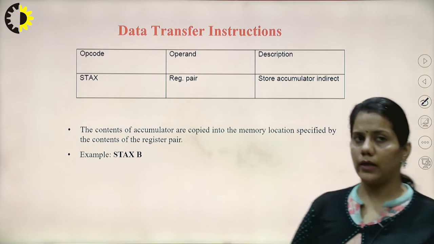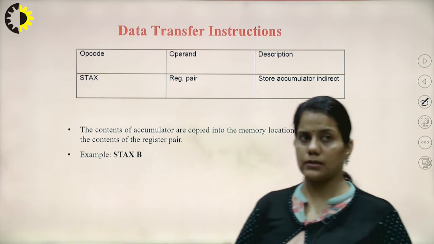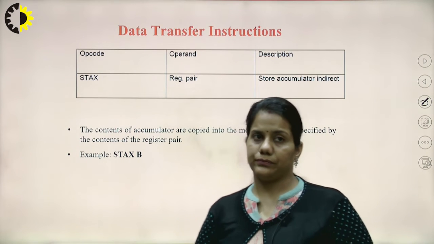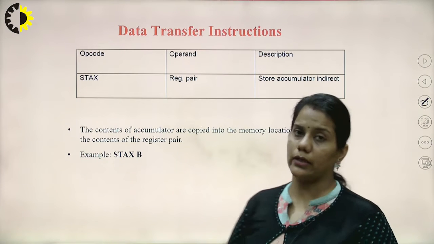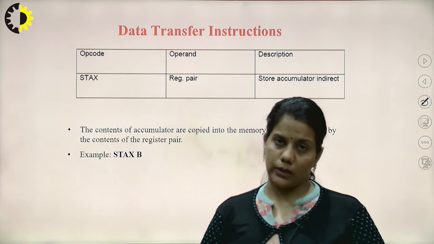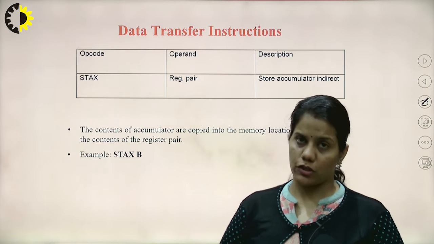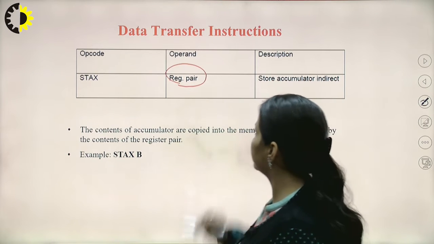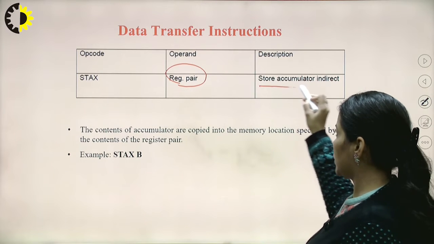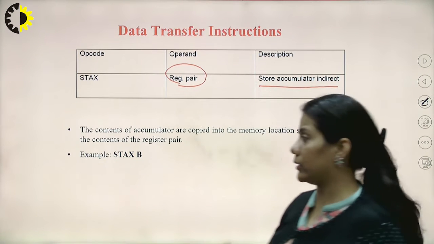Now, next instruction in this category is STAX. Again, this instruction will store the data available at accumulator into the memory location pointed to by the register pair given in the operand. So it will store the accumulator data indirectly.